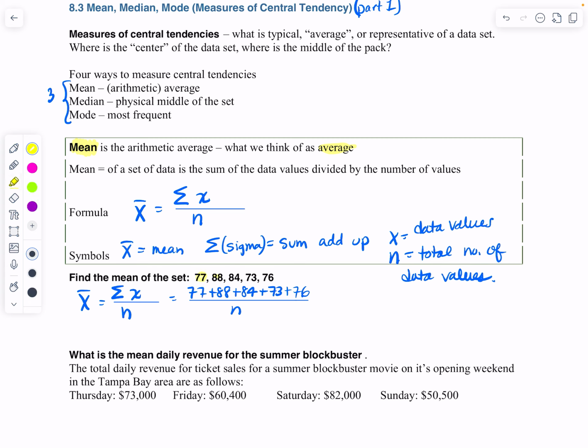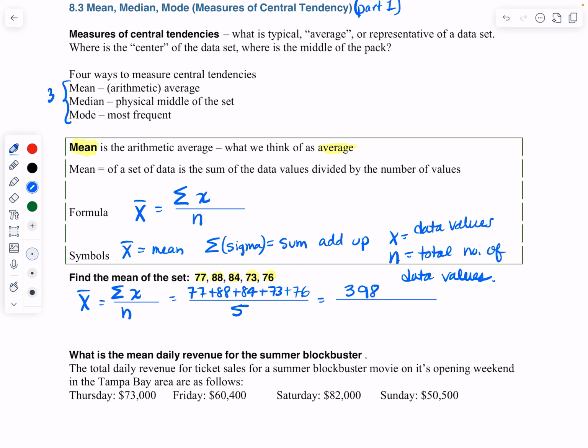Okay, so I need to put a 5 in there instead of an n. So what I'm going to do now is use my calculator and add those all up. So 77 plus 88 plus 84 plus 73 plus 76. And when I do that, I get 398.